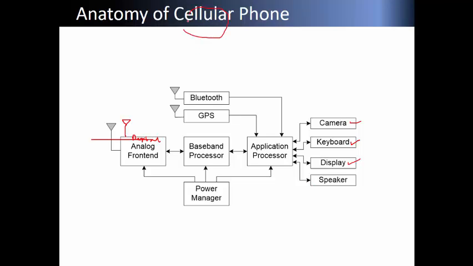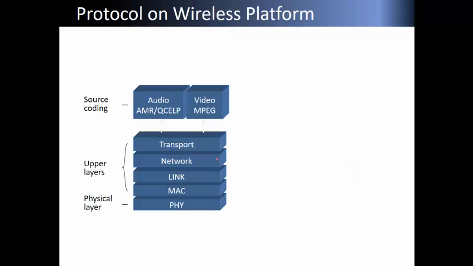This is a cell phone's anatomy, but this structure is not necessarily, well, this is of course a cell phone, but the techniques applied here are also applied to Wi-Fi and anything about wireless network.